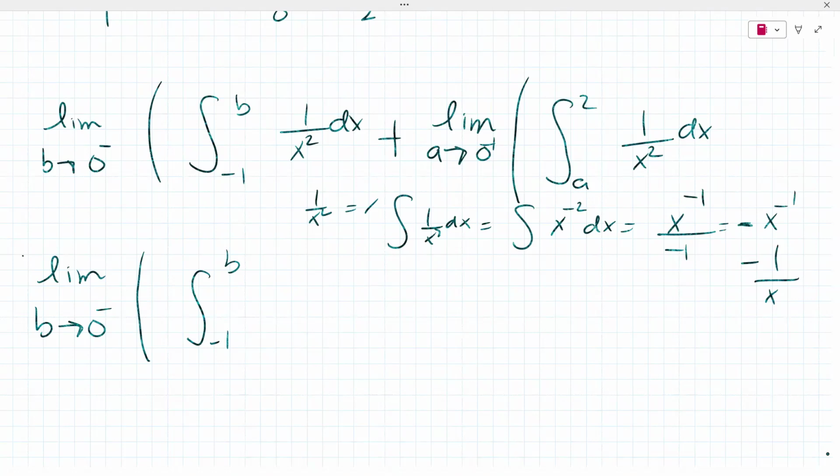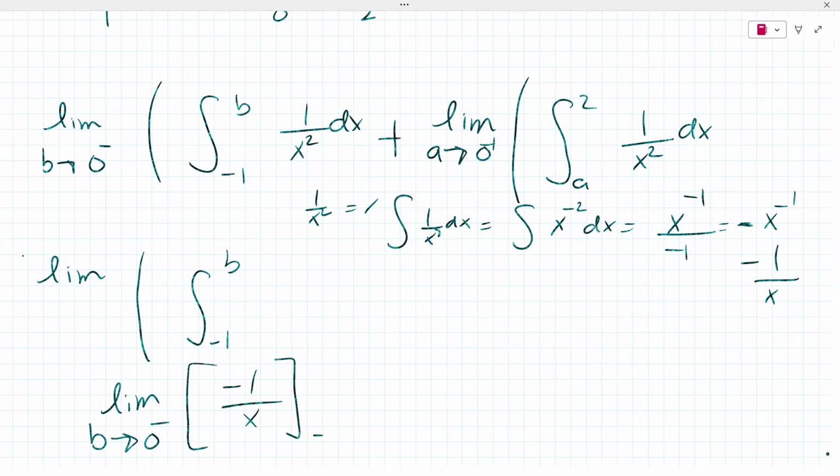Okay, so now we're going to rewrite this as the limit as b approaches 0 from the left of negative 1 over x from negative 1 to b, plus the limit as a approaches 0 from the right of negative 1 over x from a to 2.